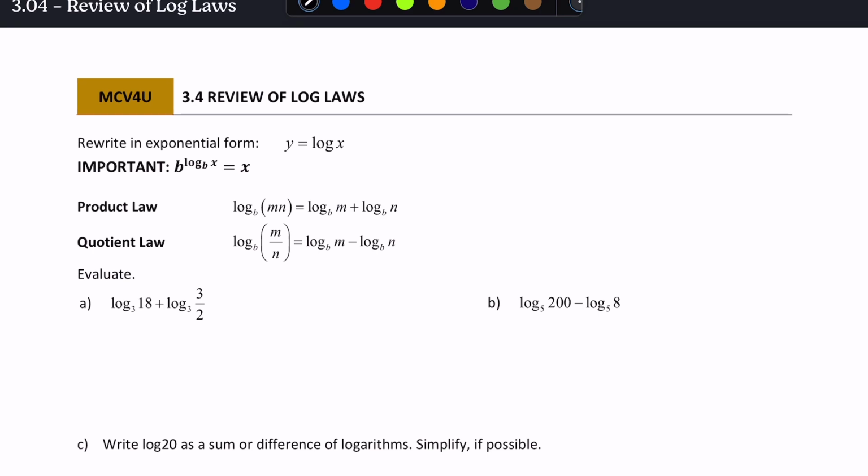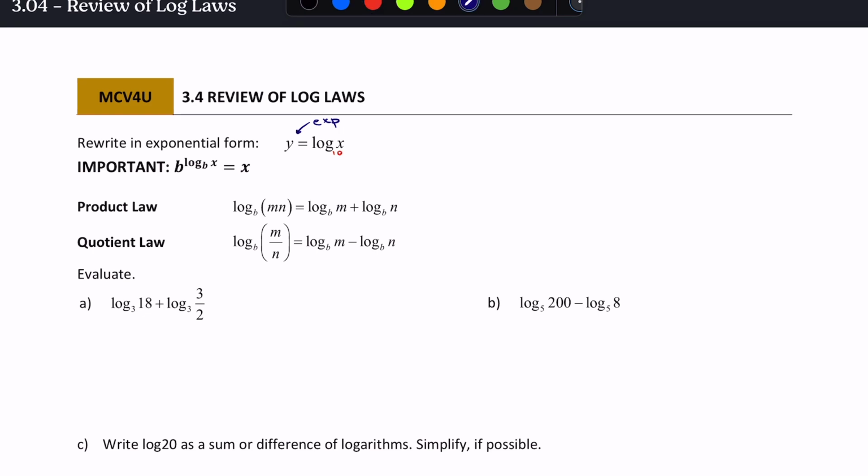So if you recall, if it tells you to rewrite this in exponential form, here we have y is equal to log x. And if we want to rewrite it as an exponent, we know that the value of y will be the exponent. We know that if there is no base written, we can assume that the base is going to be 10.